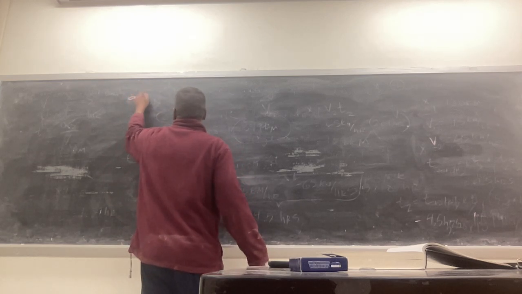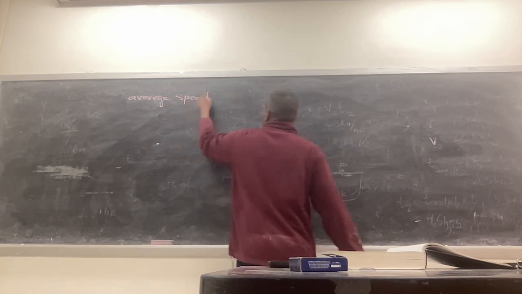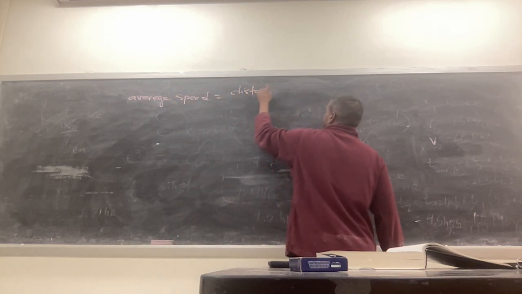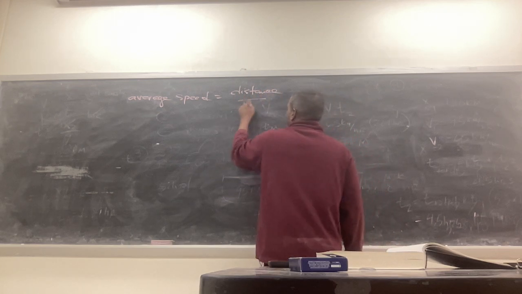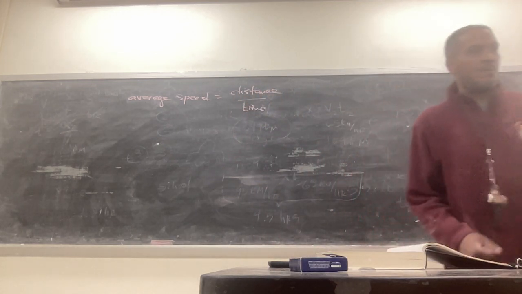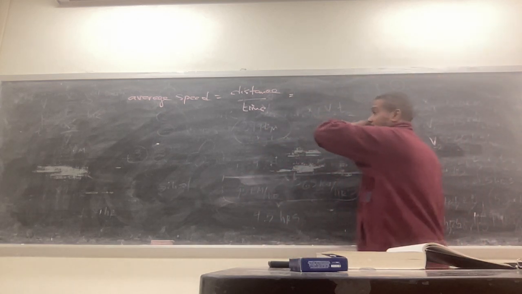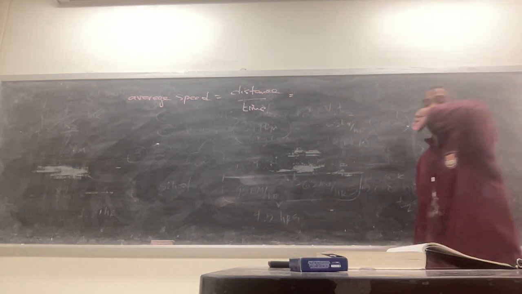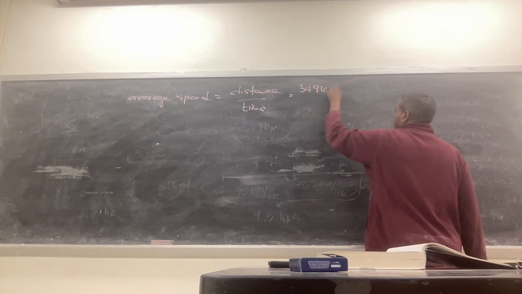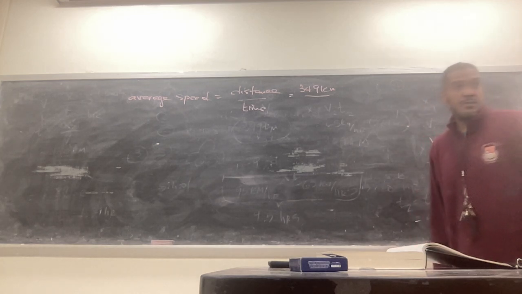All right, average speed is equal to distance over time, right? And so we know the total distance is what? 349. And we know the total time is what? 4.5 hours.